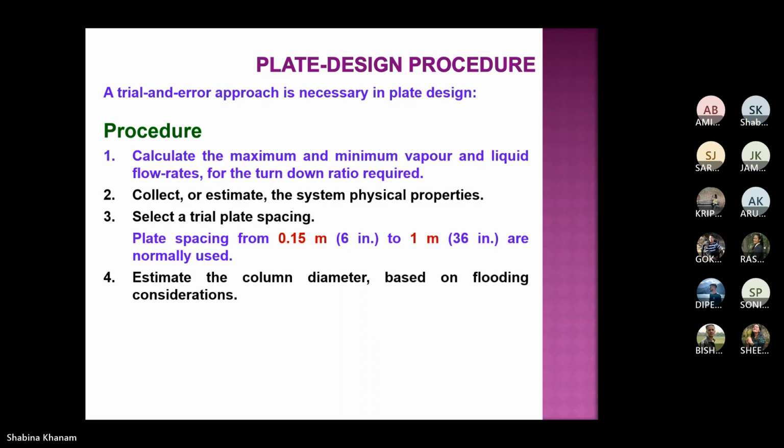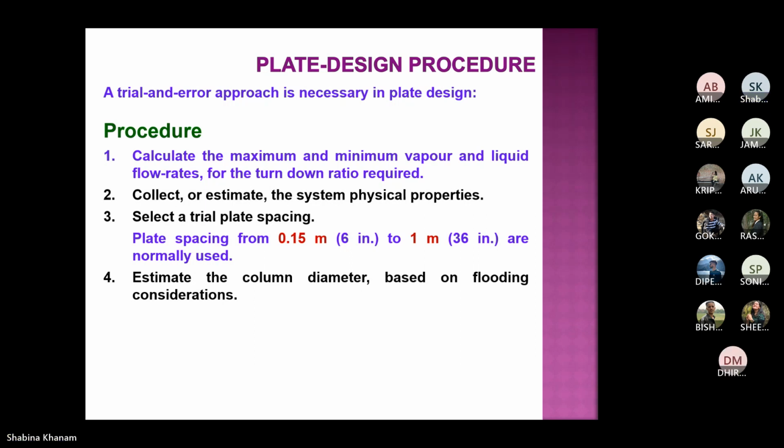And when the flow rate of vapor is maximum, there is a possibility to cover the maximum area of the distillation column. Flooding velocity will be decided based on maximum vapor flow, and maximum vapor flow will spread in the maximum cross section area of the column.